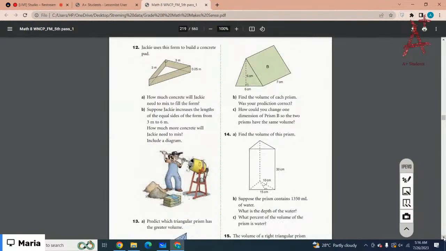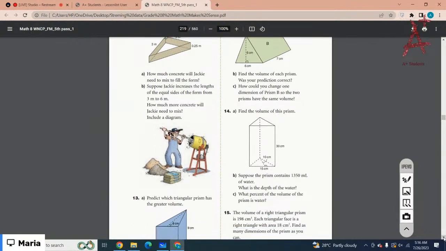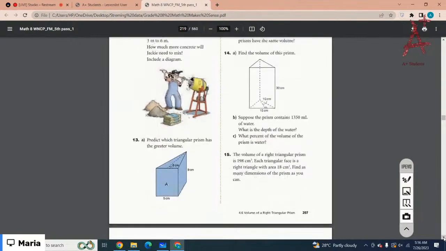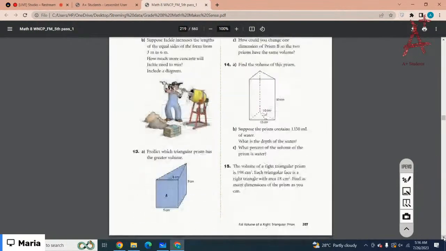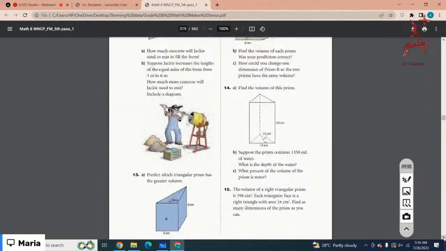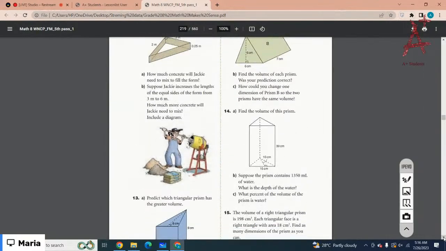Okay, let's just see question number 13. Predict which prism has greater volume. You are given two of the prisms.